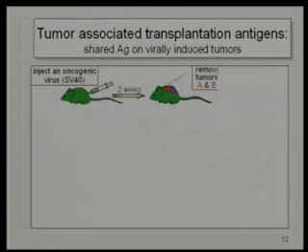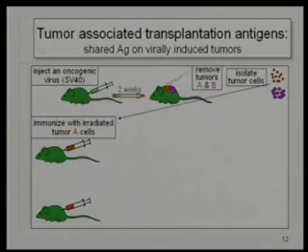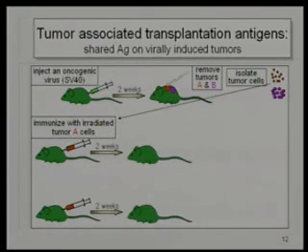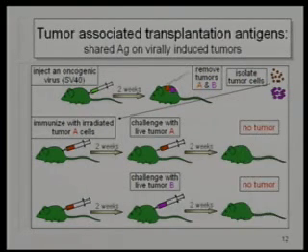If one takes out one of those tumors, referred to as A and B, makes a cell suspension out of those tumors, immunizes an animal with a radiated tumor of the A type, and then challenges 2 weeks later with either the same tumor, A, or tumor B. If one challenges with tumor A, one gets protection against the tumor.